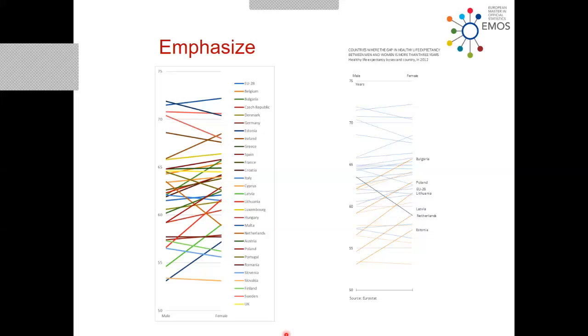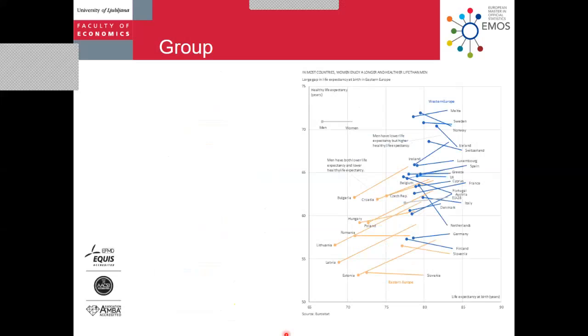Okay. And now another chart that is also not usually part of the official statistics toolbox, just to explain it a little bit. So we have on the x-axis life expectancy at birth expressed in years, and we have healthy life expectancy expressed in years on the y-axis.